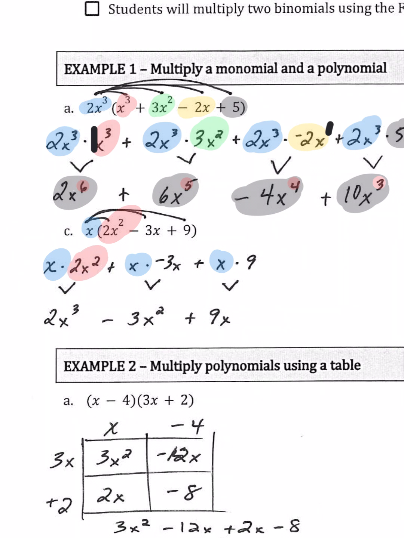Then we need to add x times negative 3x and x times positive 9. So let's go through and do that multiplication. X times 2x squared becomes 2x cubed. X times negative 3x becomes negative 3x squared. X times 9 becomes positive 9x.